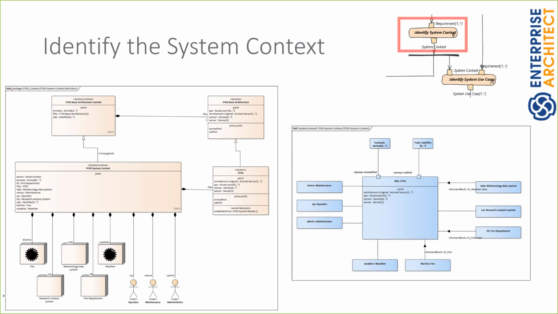Over here on the left hand side you see the BDD, that's the block definition diagram of the system, where you see the system context element, and on the right hand side you see the internal block definition where you see the connectors and possibly, if they are known, the ports already. So this diagram is actually an internal block diagram of this element, FFDS based architecture context. What is the FFDS? I will talk about it later.